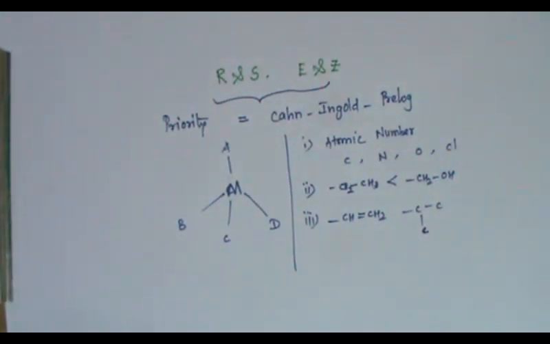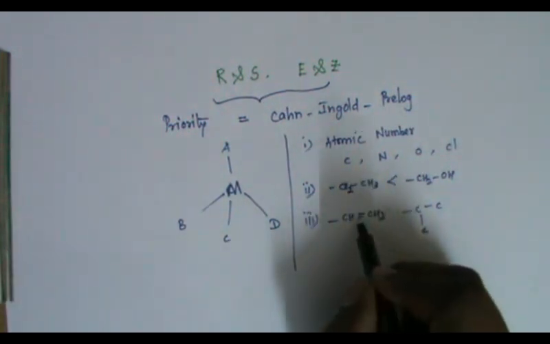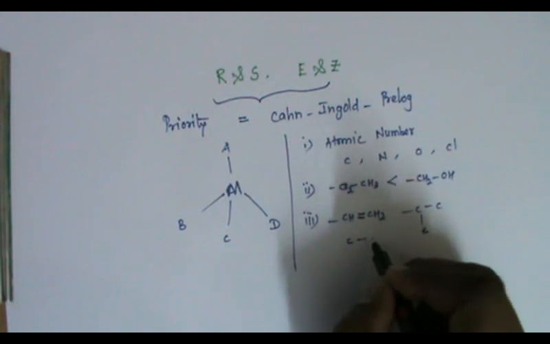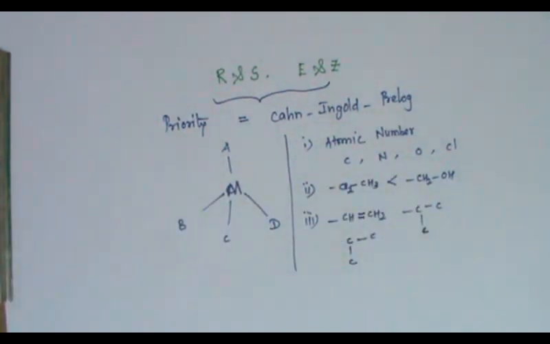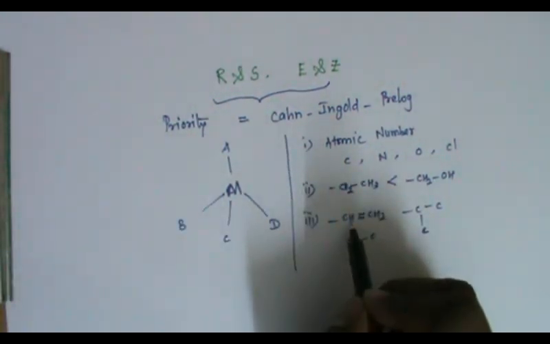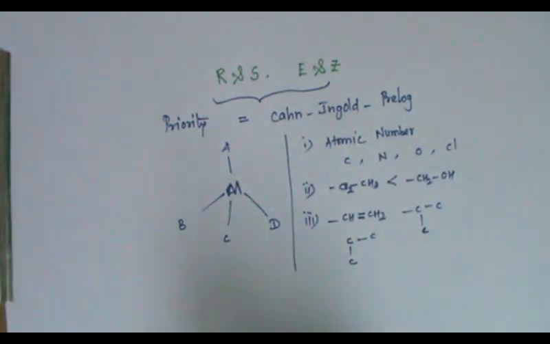In such a case, the double bond is considered as this carbon being attached to two carbons. So if these two groups are present, one is vinyl, which can be considered equivalent to two carbons, and in the other group we have an isopropyl group.